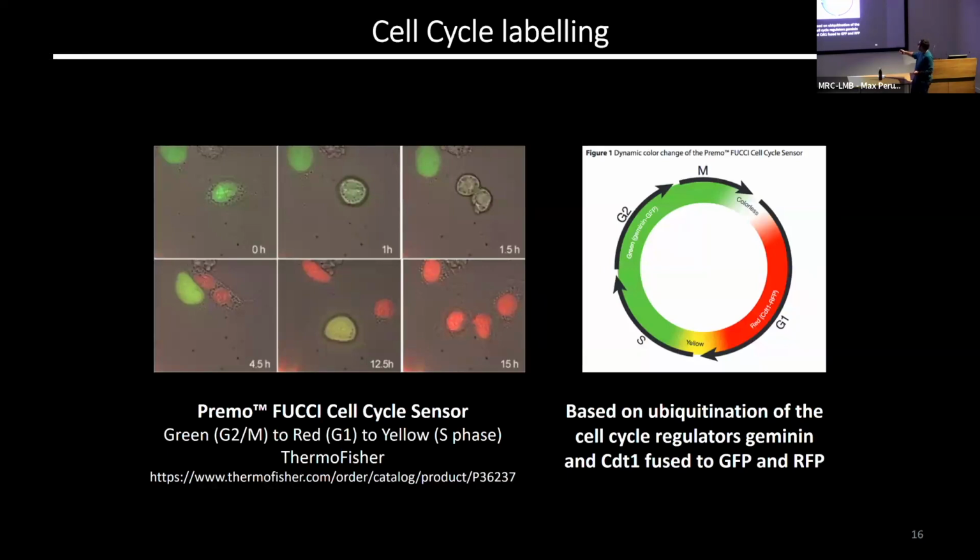And the opposite, if you're in G2, it's CDT1 that's not ubiquitinated, and so you only see green. When you're in S, basically none of them are ubiquitinated, which means that you'll have green plus red, which is yellow. So this is a system that you can just use for your cells to see in which phase of the cell cycle you are.